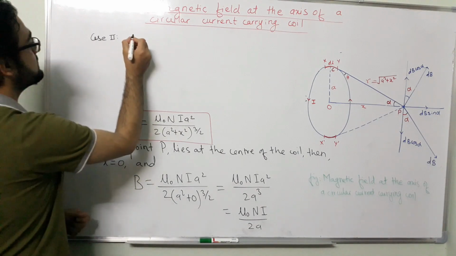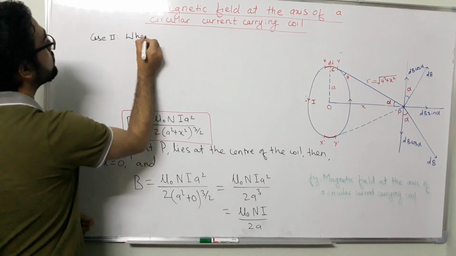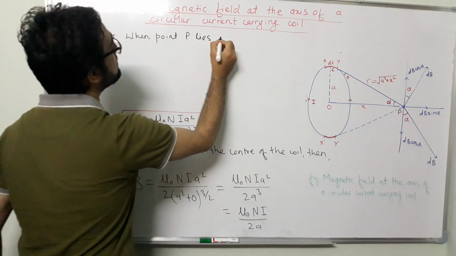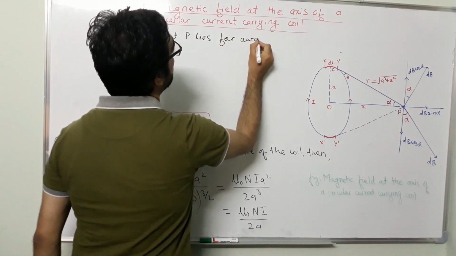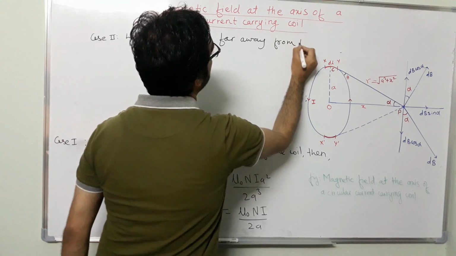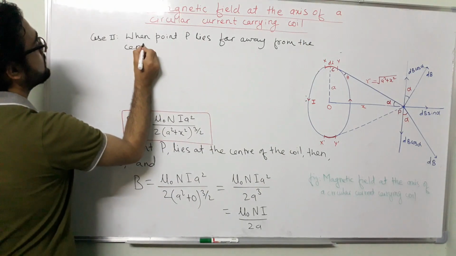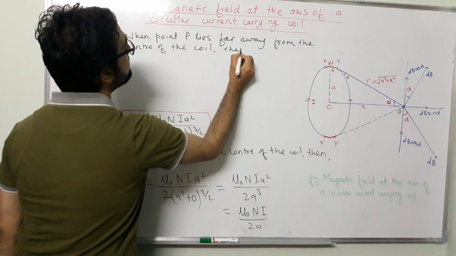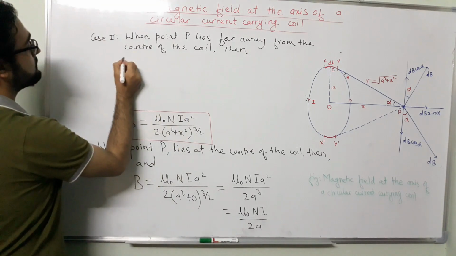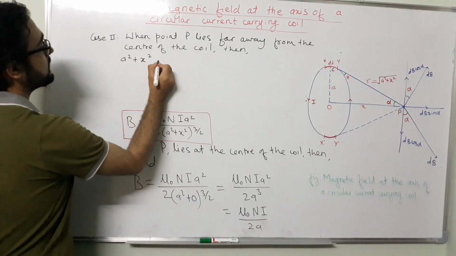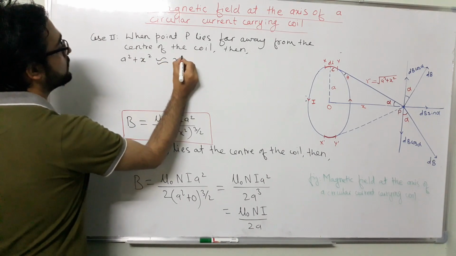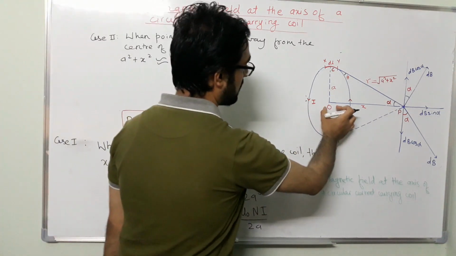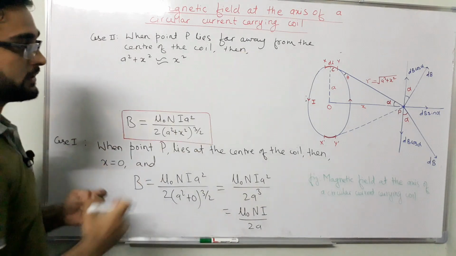In that case, case 2, when point P lies far away from the center of the coil, in that condition, this term a square plus x square becomes nearly equal to x square, because in that case the distance between the center of the circular coil and point P is very large.